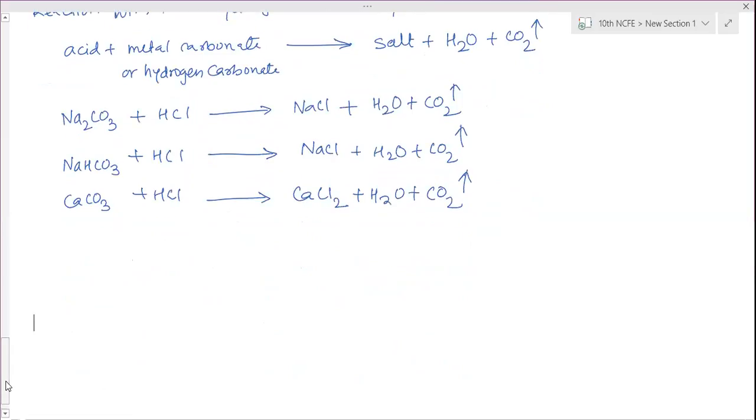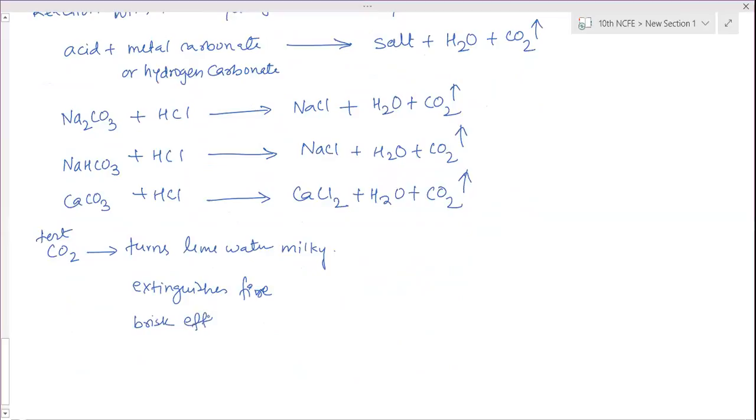Write the reaction involved. So here, the carbon dioxide test: one, it turns lime water milky. Second, it extinguishes fire. And it produces brisk effervescence.